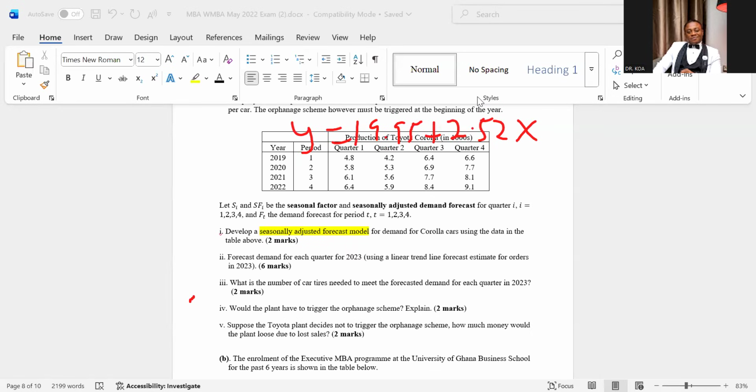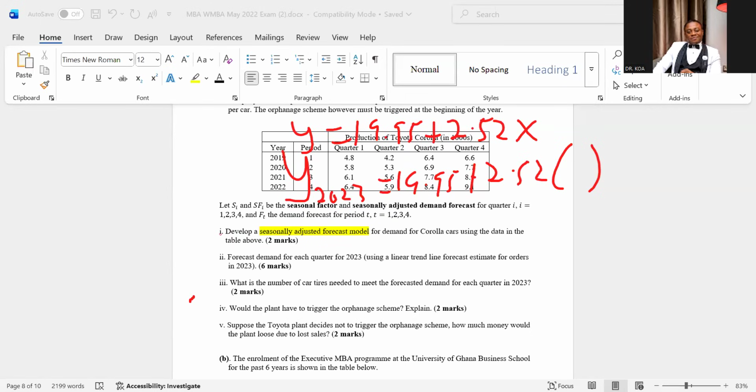So to get 2023, we have to substitute and write Y equals 19.95 plus 2.52 into bracket what? 5. Because that is the fifth period we are dealing with.